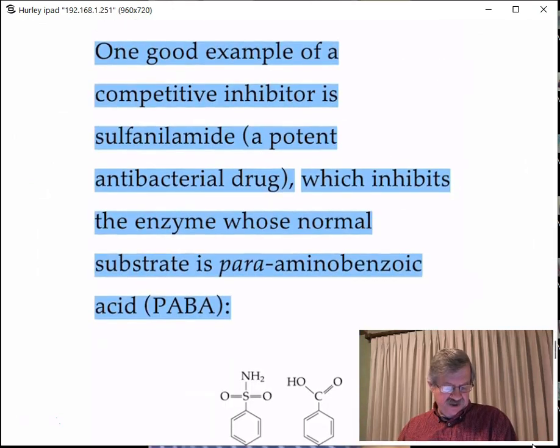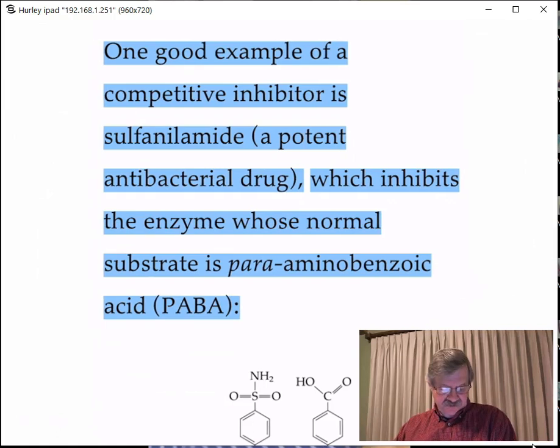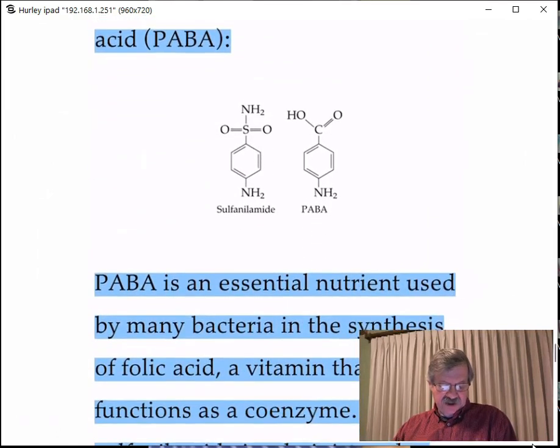Okay, and they give a couple of examples here of competitive inhibitors that are used as antibacterial drugs. So go down here and look at this.